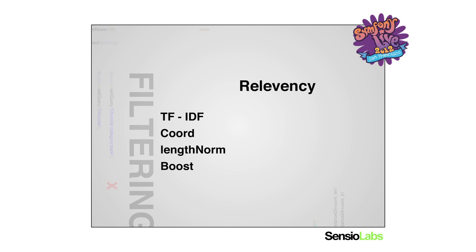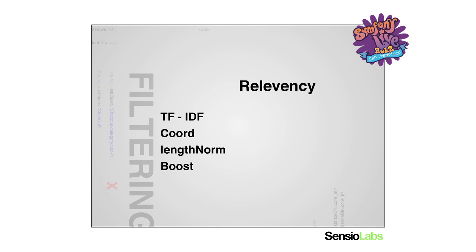Inverse document frequency is that if the word you search is very rare inside your content, it will weigh much more. Coordination factor is for if you search for two keywords, let's say foo and bar, and you match foo and you match bar, obviously the results will be more important than if you only match foo. Length norm means that if you match a keyword inside a smaller field, it will be more important than if these keywords match inside a big field.